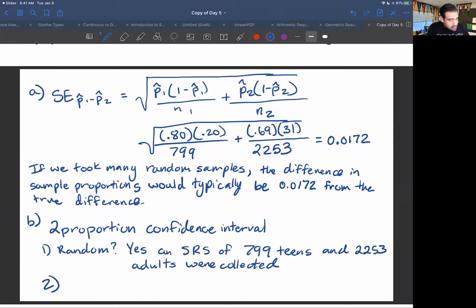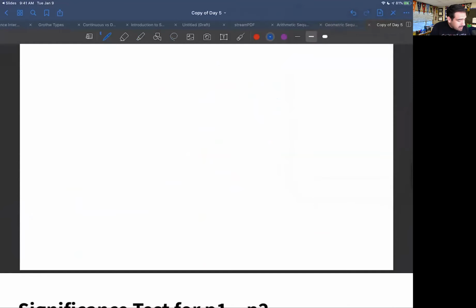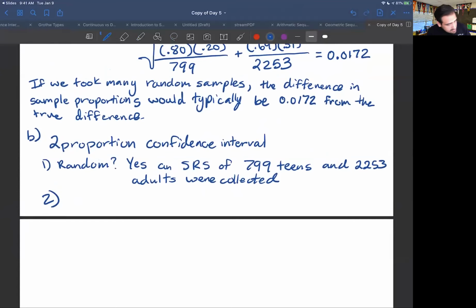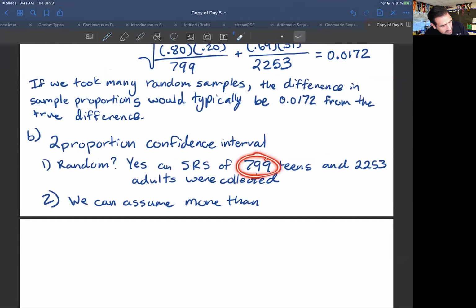Are we dealing with less than 10% of the population? Well, we can assume more than, remember, take the sample size, add a 0.